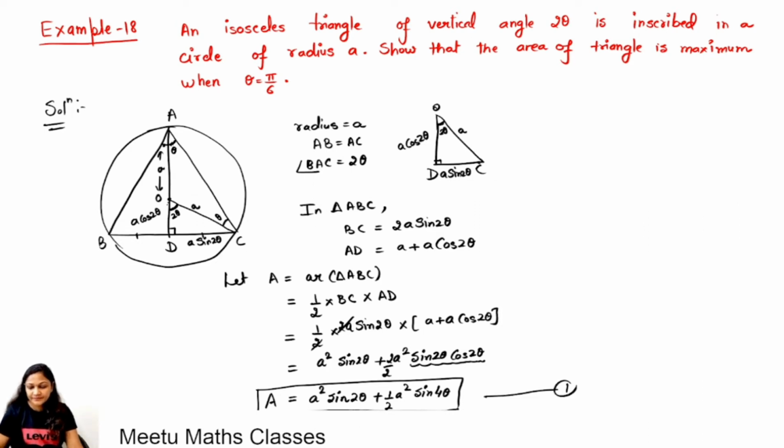Now we are going to show that this area is maximum when theta is pi by 6. To find out the stationary point, we are going to differentiate with respect to theta. So your A is a square sin 2 theta plus half a square into sin 4 theta.